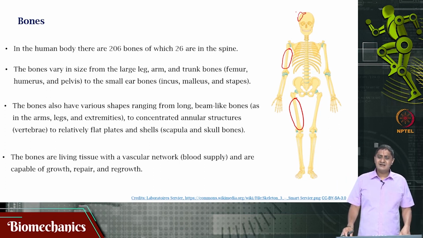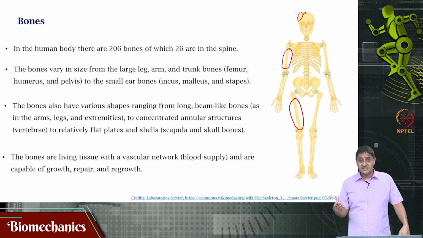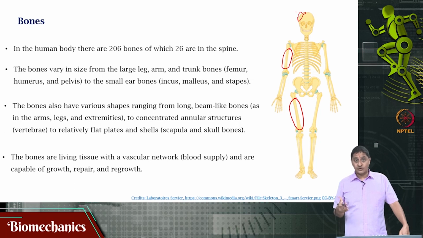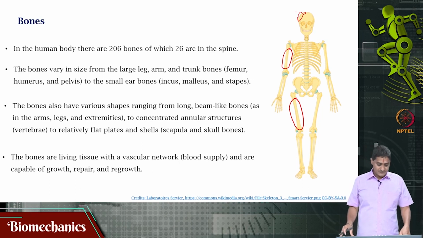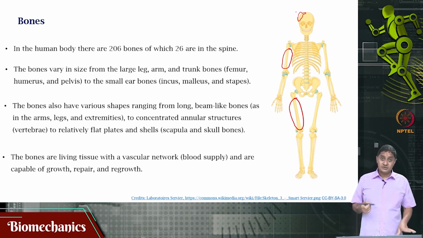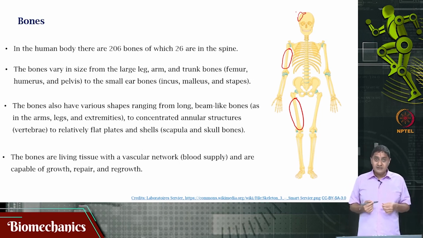And these are not plastic-like non-living tissues. They are living tissue that receive blood supply and undergo metabolic changes, and as we will see in future videos, actually undergo growth and degrowth. So these are living tissue that undergo metabolism and receive nutrients through the vascular network, and also excrete waste.